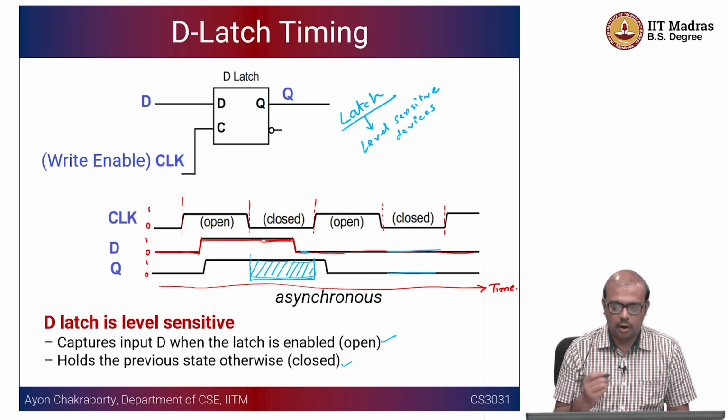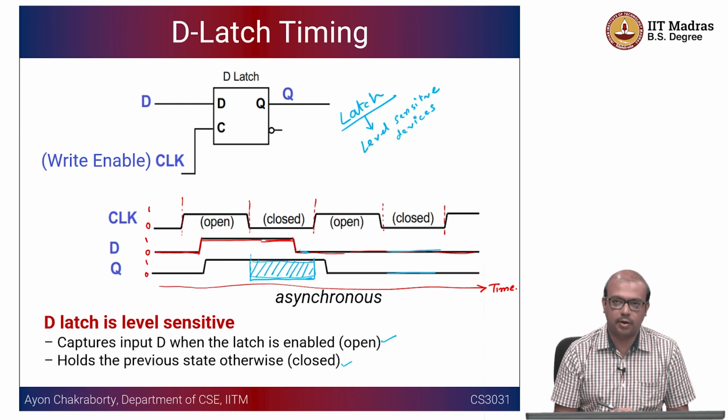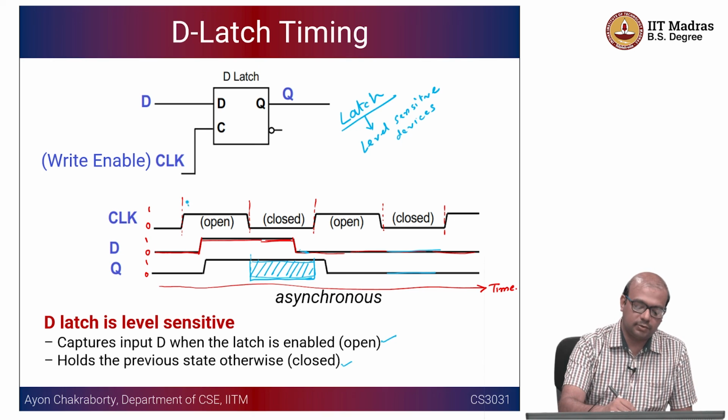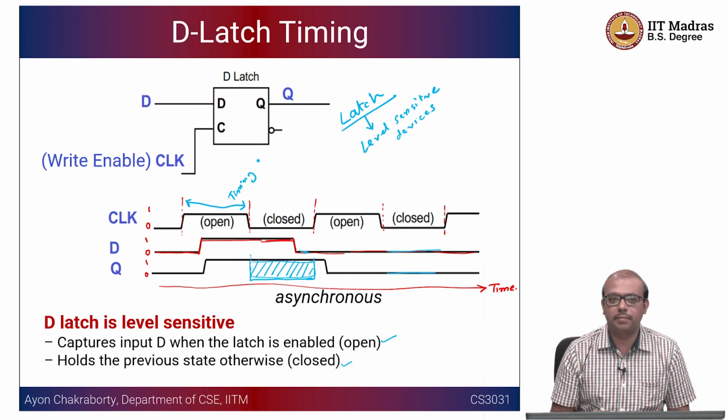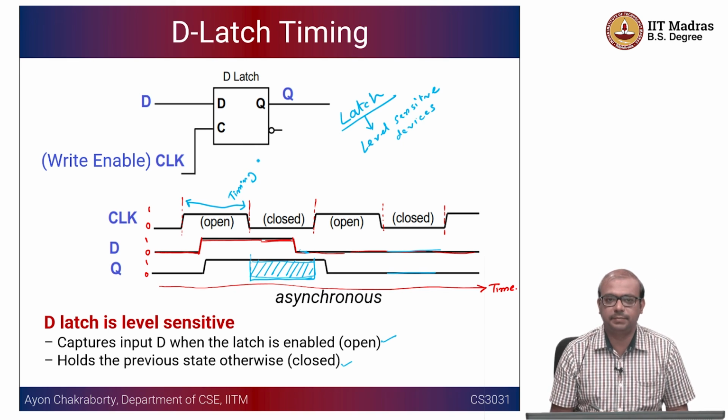So the output also becomes a function of the time the clock is high, right? So it is also a function of this timing. Sometimes it cannot be guaranteed precisely in a chip circuit.